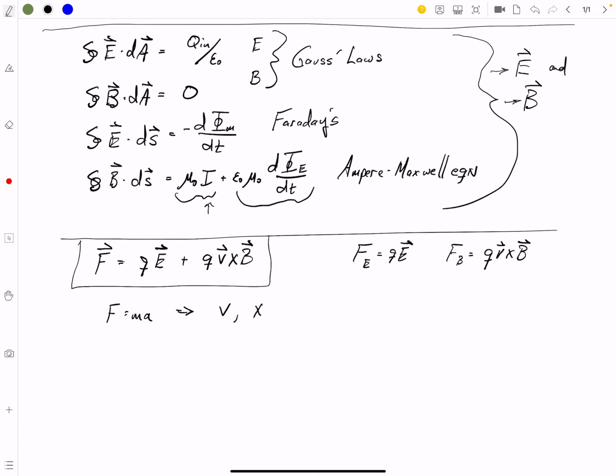So we have our acceleration, we can figure out our velocity and position, by just equating F Lorentz to Newton's F equals ma. All right, so that's pretty cool. What else do we have here? Let's see.